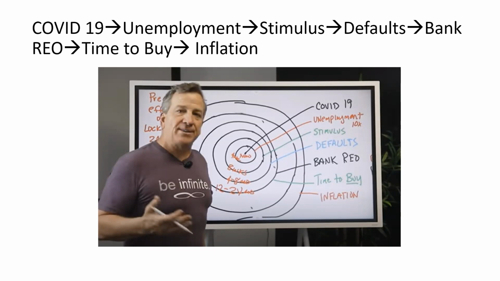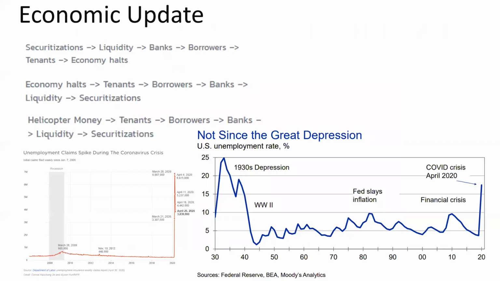COVID-19 hitting, unemployment now skyrocketing up to 30 million, the Fed hitting stimulus, defaults happening, bank REOs, and then that 12 to 24 months, that's where he's saying it's going to be time to buy, and hitting inflation. So I thought that was a good description, and we're going to go in that order in the next couple slides.